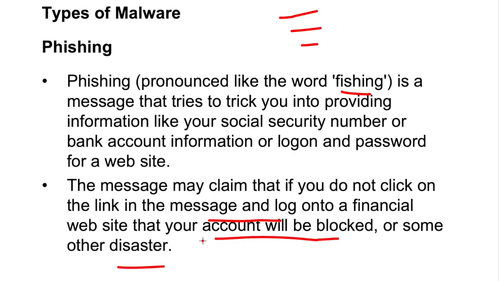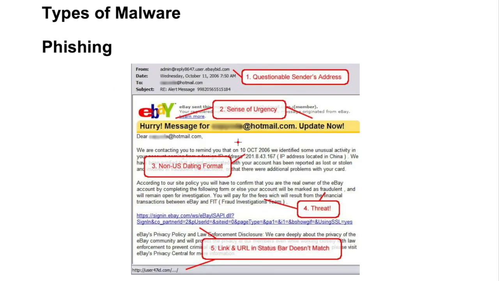So they may trick you into providing some information by saying there is a threat, and it may look like some original person is asking for the information, but that could be fake.